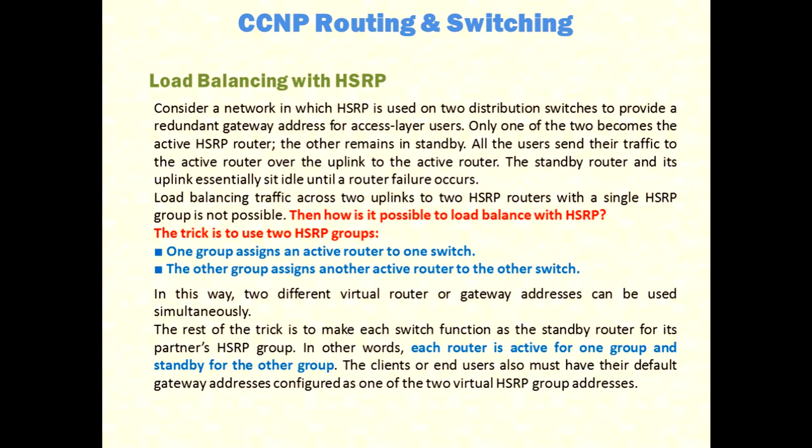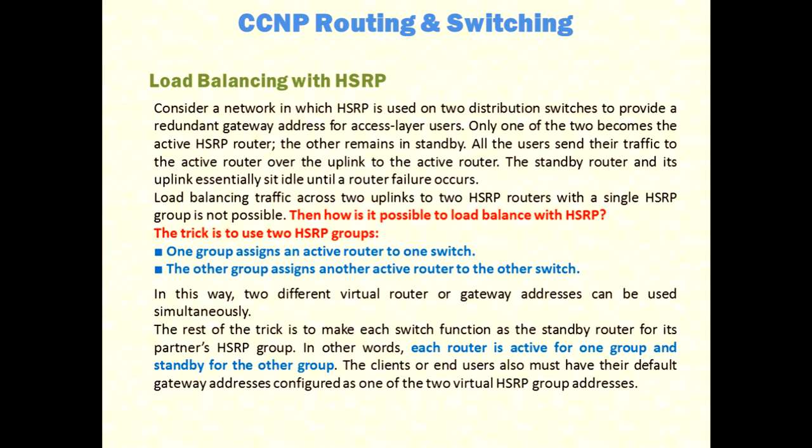In other words, each router is active for one group and standby for the other group. The clients or end users also must have their default gateway addresses configured as one of the two virtual HSRP group addresses.